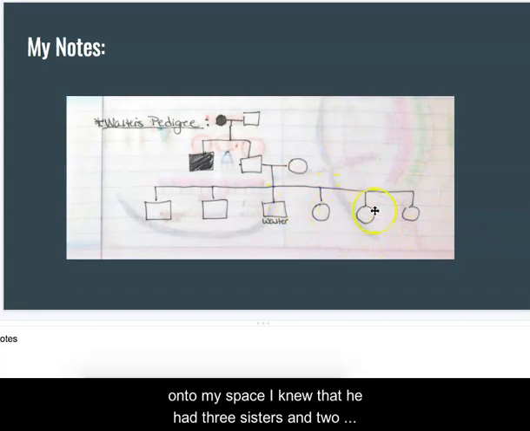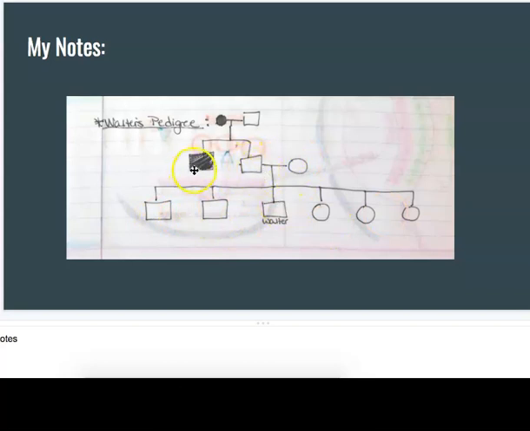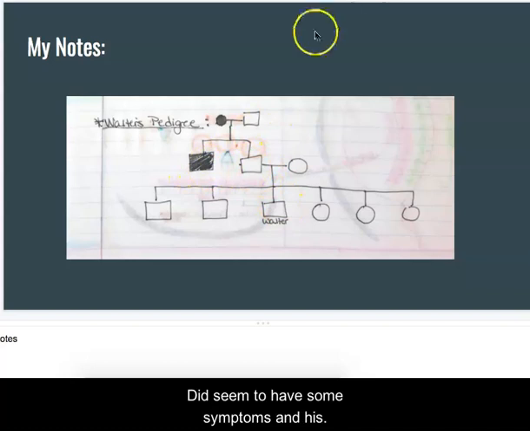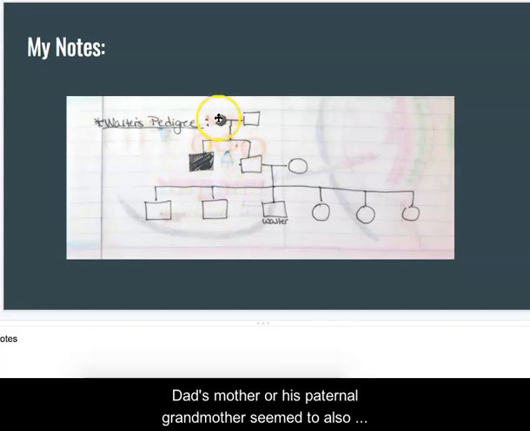I knew that he had 3 sisters and 2 brothers, and his parents seemed to be fine, but his dad's brother did seem to have some symptoms, and his dad's mother, or his paternal grandmother, seemed to also have the condition. So this is what I ended up with as a result.